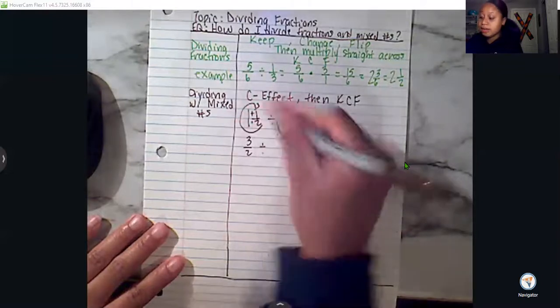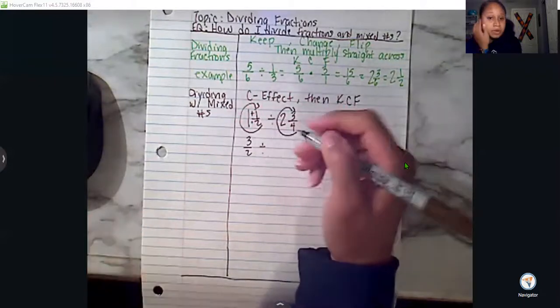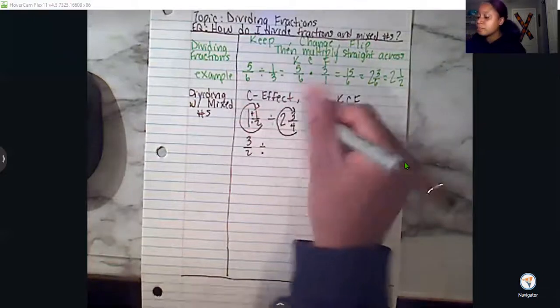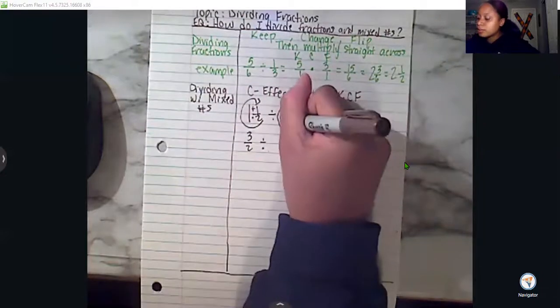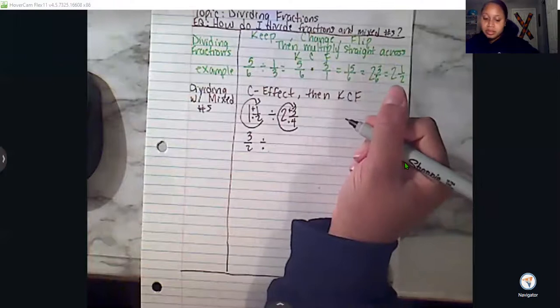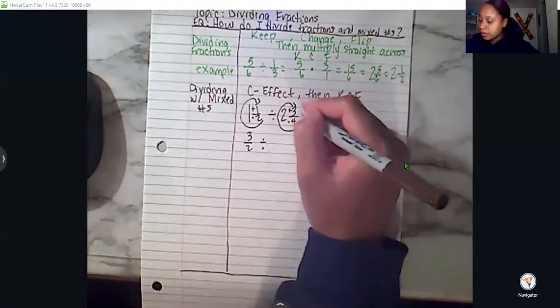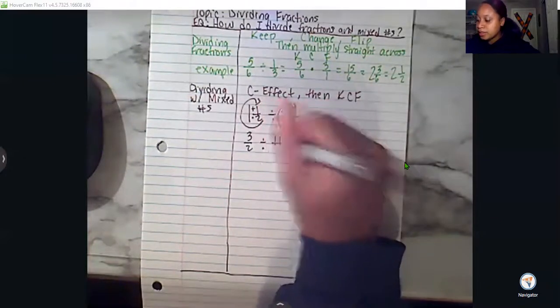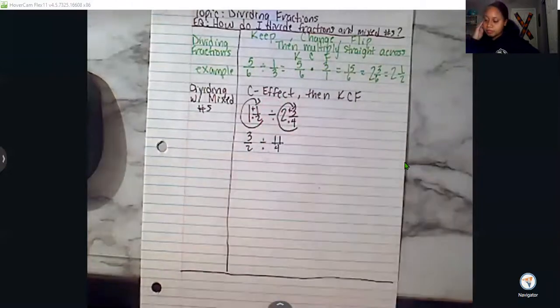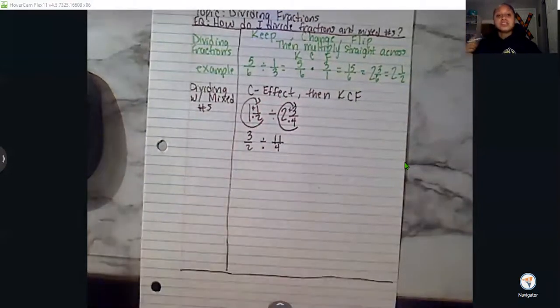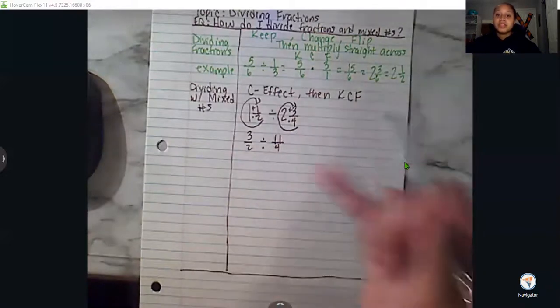We're still dividing because we haven't done the KCF yet; we're just converting. Then 2 3/4: 4 times 2 plus 3 gives us 11. Remember, our denominator doesn't change, so it'll still be 4. This is still the same problem; we just converted it to improper fractions.